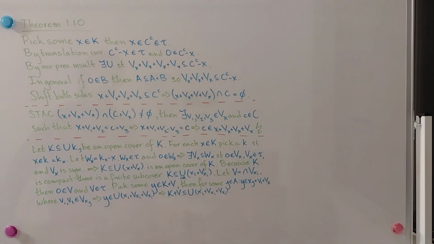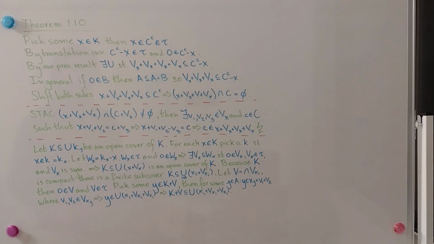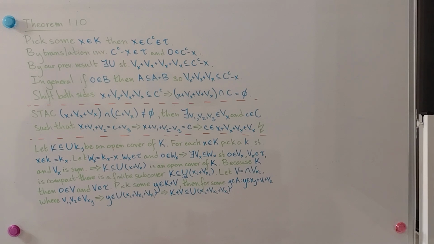But our previous corollary said that if we had a neighborhood of 0, then we can find this symmetric subset, which was also a neighborhood of 0, such that U plus U is a subset of W. And for these individual U's, we can apply the same thing again. We can find a symmetric subset V of U such that V plus V is a subset of U and is still a neighborhood of 0.